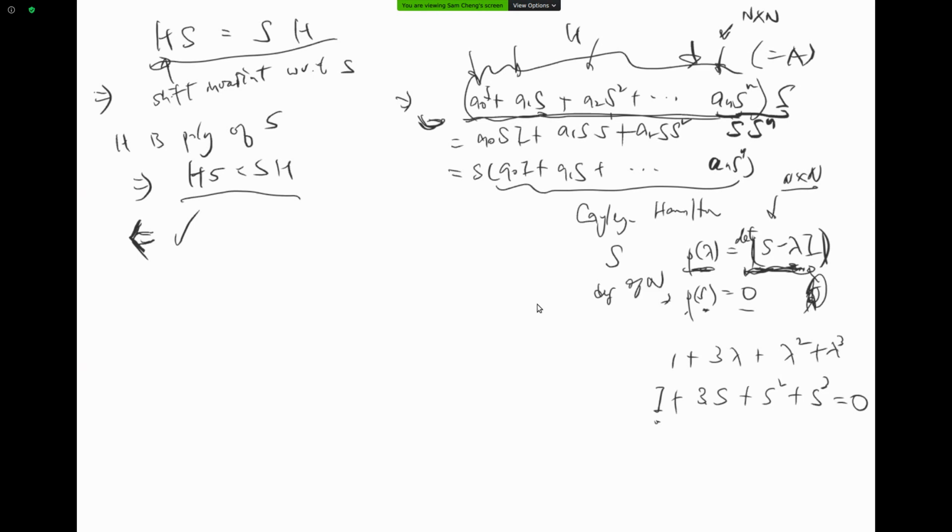So from the characteristic polynomial being equal to 0, I can just reorder the terms, and then I get an equality: S to the power n is equal to a linear combination of lower orders.